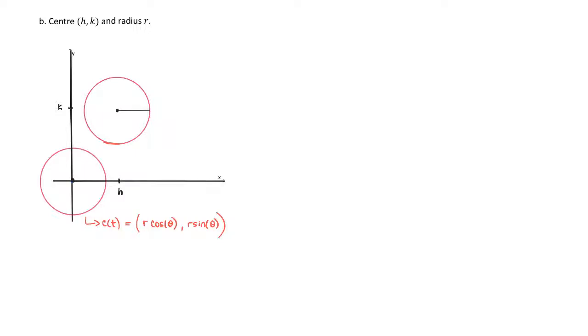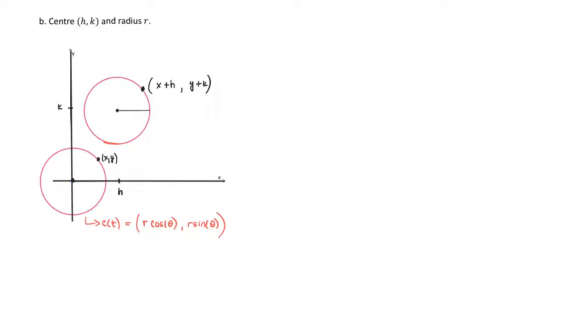So, for example, if this is a typical x comma y, then under our translation, that point is going to move over here. But now this point is going to move h units horizontally, k units vertically. So it will be x plus h for the x coordinate, and then y plus k for the new y coordinate.